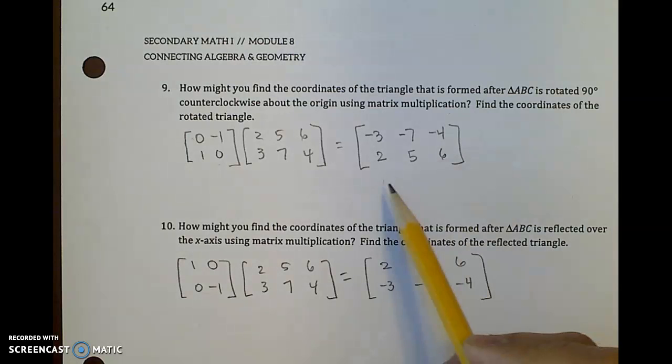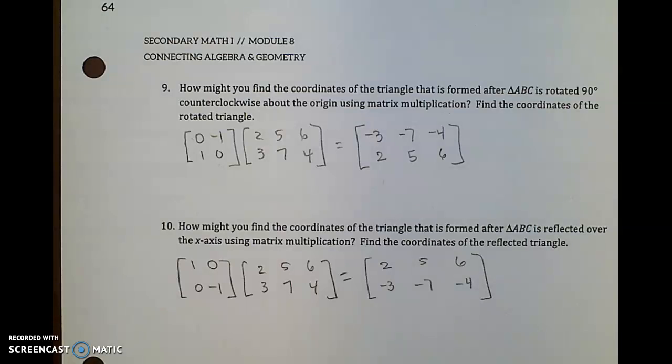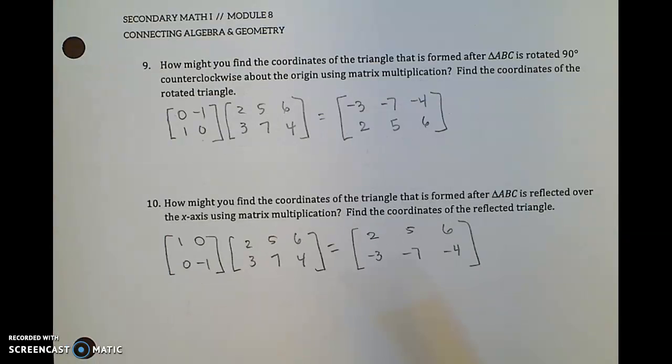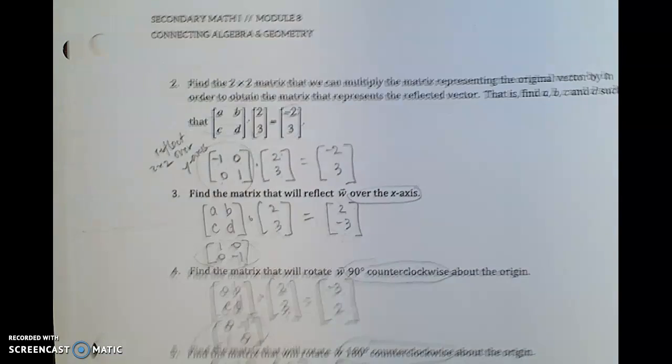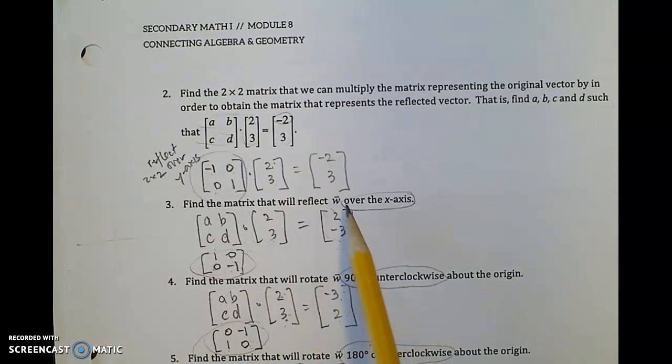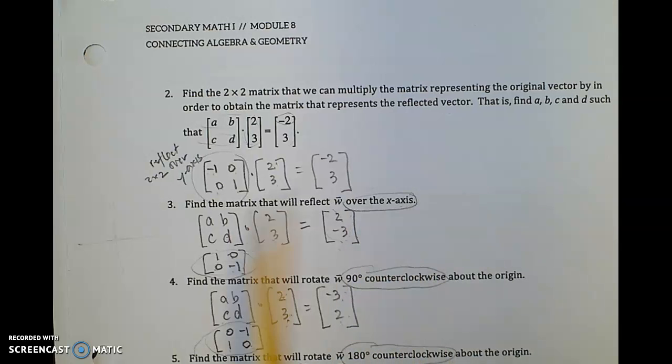Again, these are the coordinates for the rotated version of the triangle. Number 10, we want to take that ABC triangle and reflect it over the x-axis. So we're going to use the matrix from earlier in the task. When we reflect over the x-axis, the matrix was 1, 0, 0, negative 1.